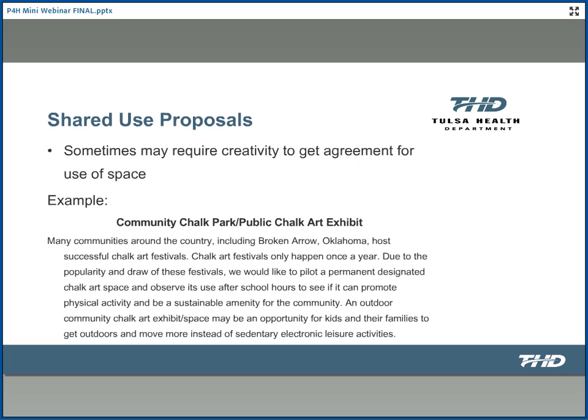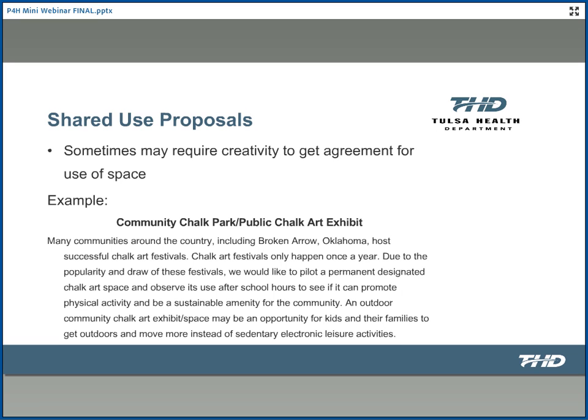And sometimes it requires creativity to get an agreement space. Three of the districts work with me pretty well. Actually, all four have worked really well with me, but some are a little bit hesitant at times, so we try to find other strategies, maybe using some creativity in your proposals for certain types of amenities.